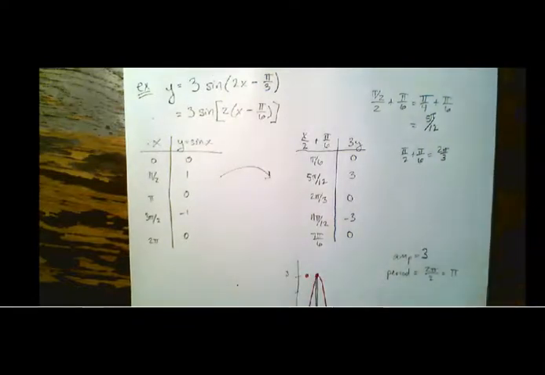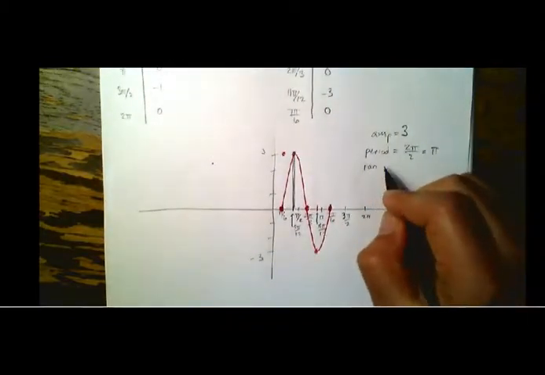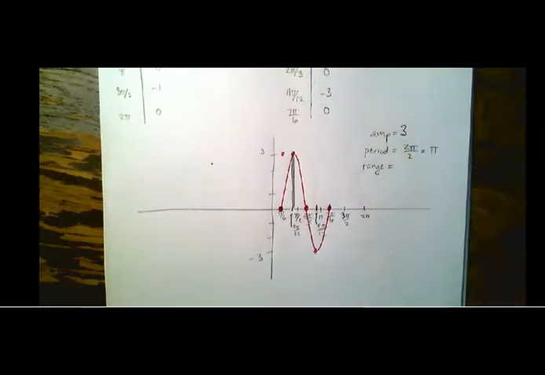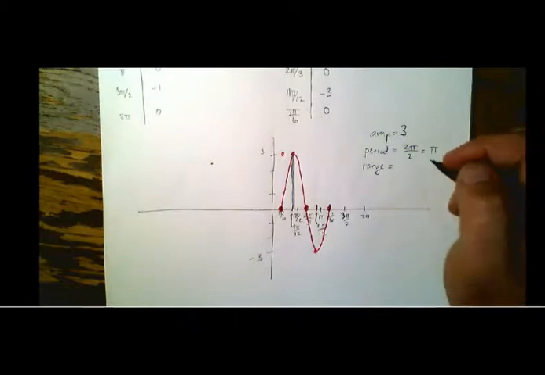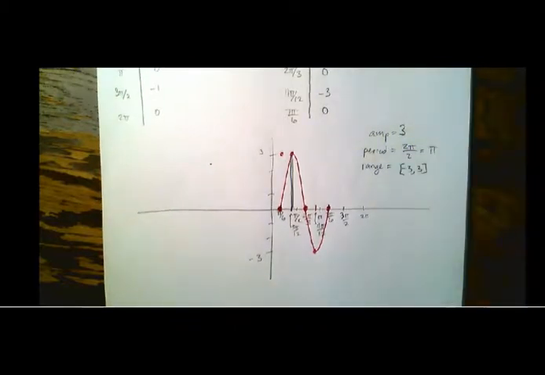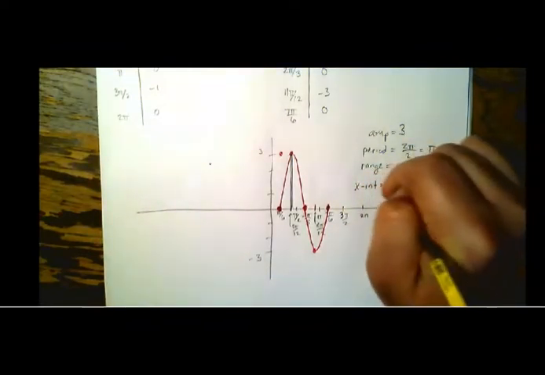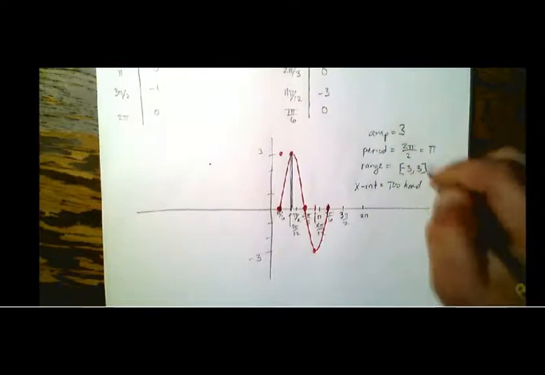So that would be pi. Lastly, the range is -3 to 3. And looks like the intercepts happen at very weird values too. So we'll just say too hard to get for now.